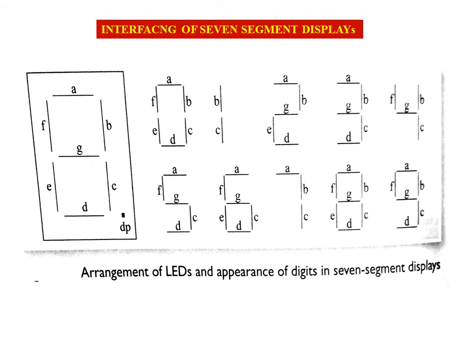Similarly, to display 1, B and C are on and the rest are off. Apart from these 8, one more pin is connected, the power supply pin, which is not shown here.